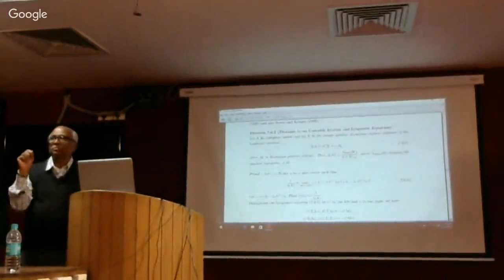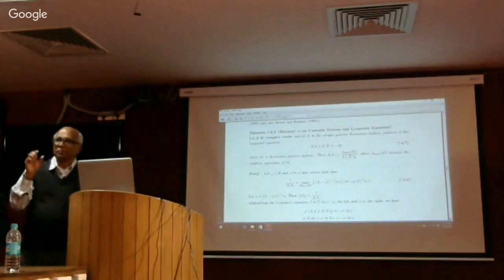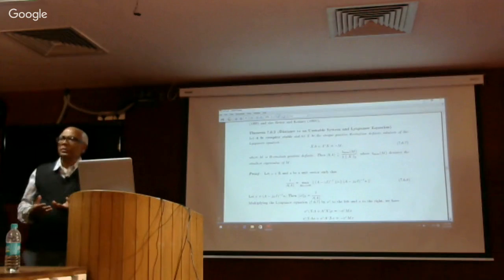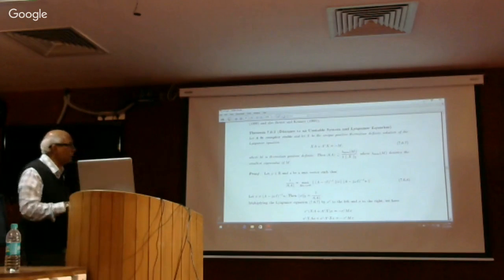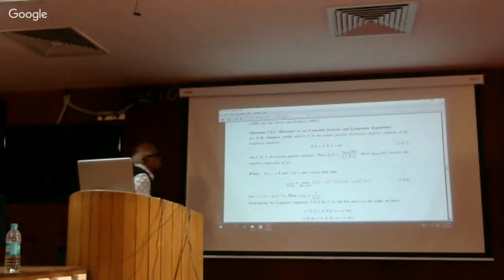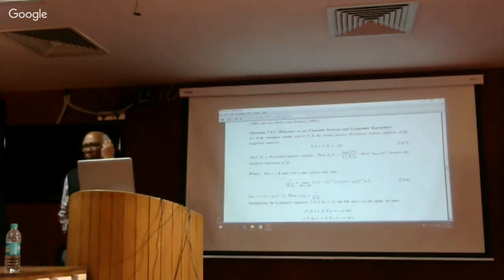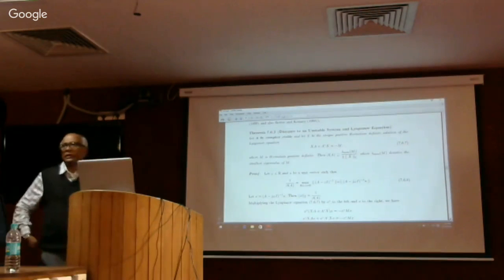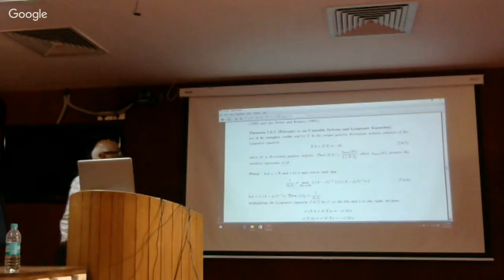A positive definite matrix has all its eigenvalues positive. So we can talk about the minimum of all the eigenvalues of the matrix M. So lambda min of M is the minimum eigenvalue. We can show that the distance to instability is always greater than or equal to the minimum eigenvalue of the matrix M divided by 2 times the 2-norm of the matrix X, which is the solution of this Lyapunov matrix equation.